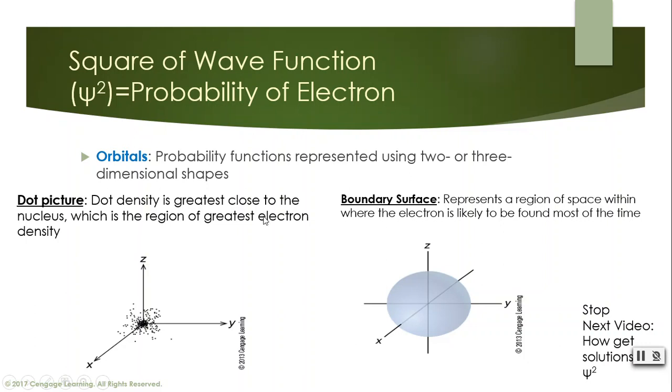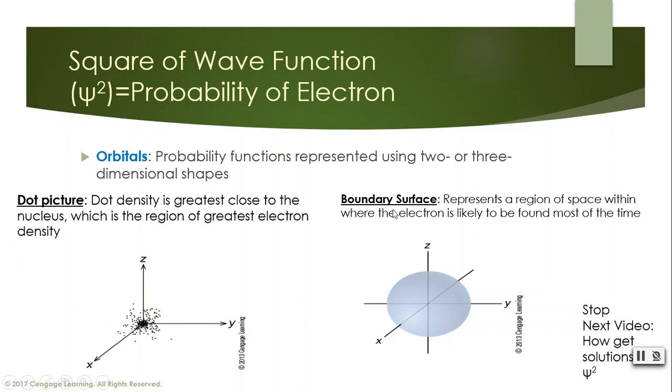You will see both of these in your online homework and in lecture. A dot picture, essentially from the square of a wave function, basically shows you where the density of an electron is more concentrated. So in this dot picture on the left, the majority of the electron density is in the center.